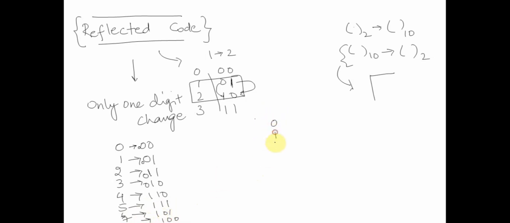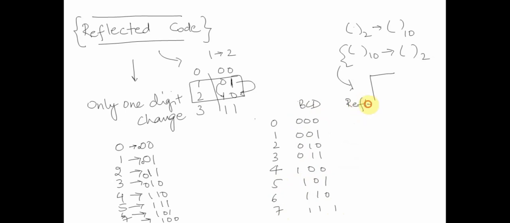So basically this piece of code, if I write 0, 1, 2, 3, 4, 5, 6, and 7, and my normal binary coded decimal or binary number is 000, 001, 010, 011, what would be my reflected code?